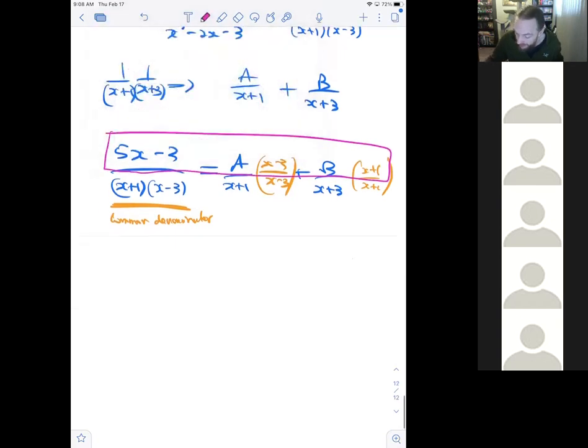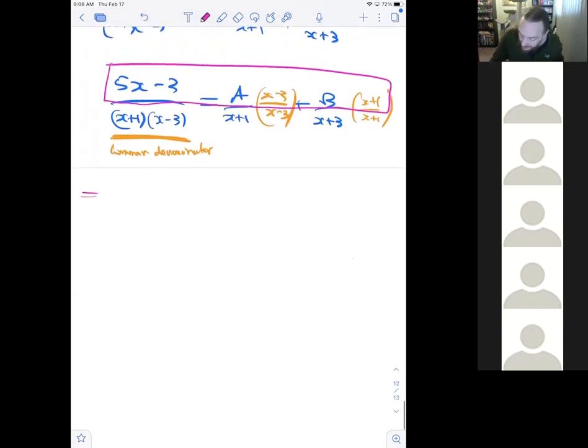So now this polynomial, 5x minus 3, has to equal A(x minus 3) plus B(x plus 1). Group everything together.